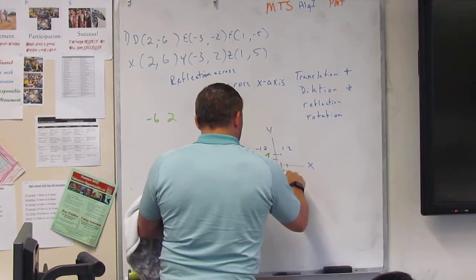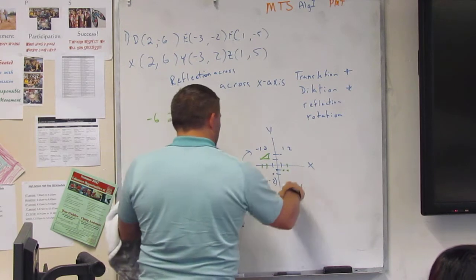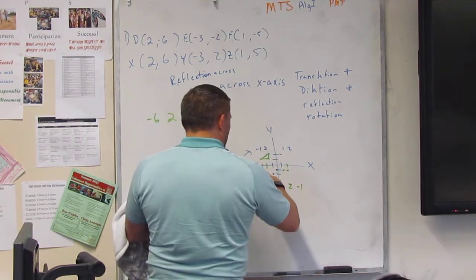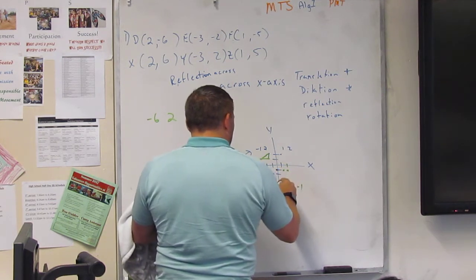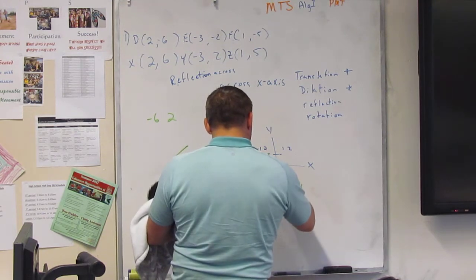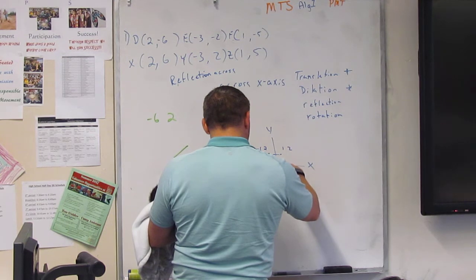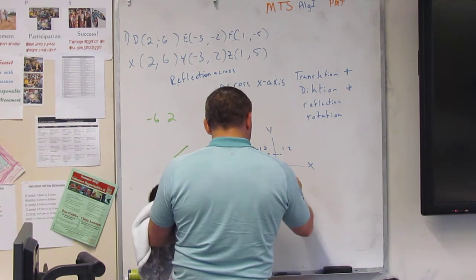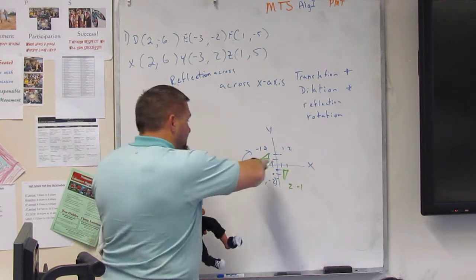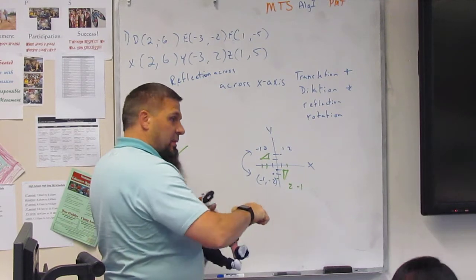So 2, negative 1. And 1, 1 still is 1, 1. And then 3, negative 3, 1 becomes 1, negative 3. Right? And see how that rotated around 90 degrees? Okay.